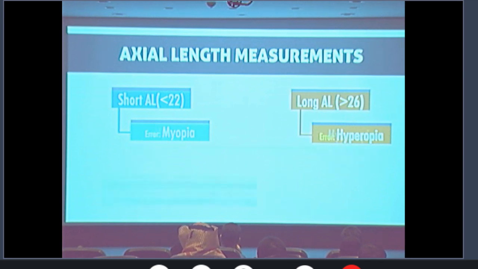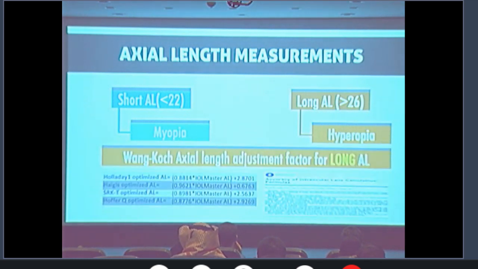So Wang and Koch, they studied 13,000 eyes, and they adjusted the axial length in high axial or long eyes. They adjusted based on different formulas. For Holladay 1, they optimized the axial length, and Haigis, SRK/T, Hoffer Q, just to minimize this error. Actually, by these formulas, they are reducing the axial length.